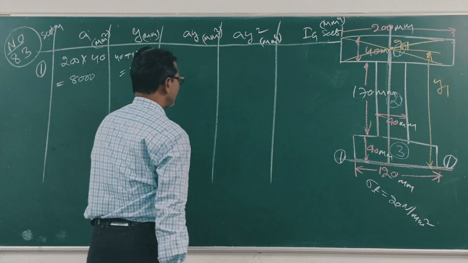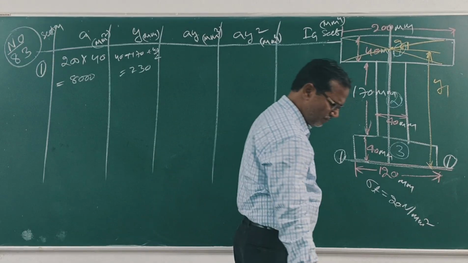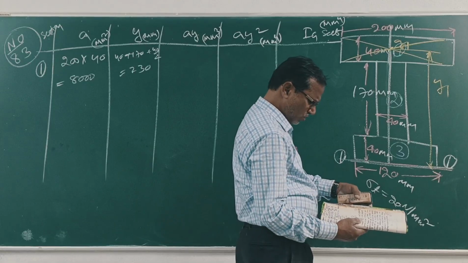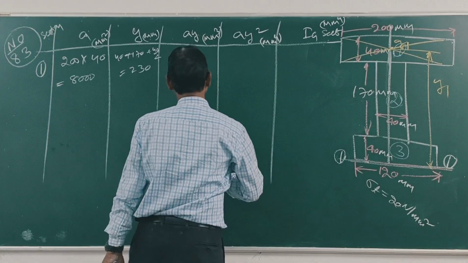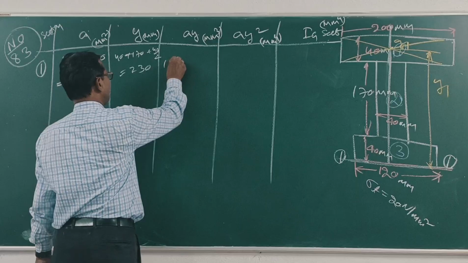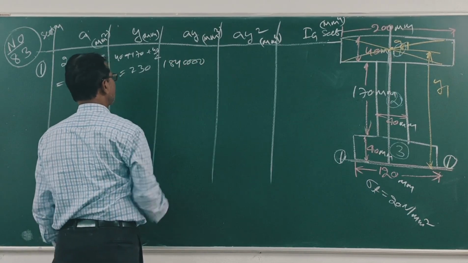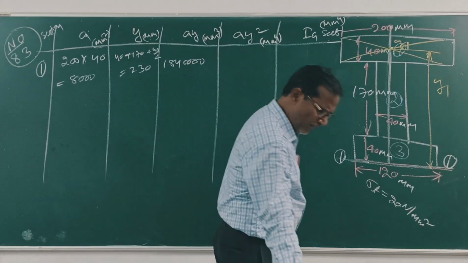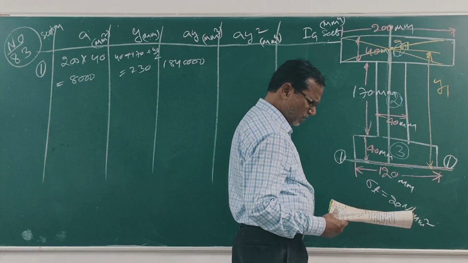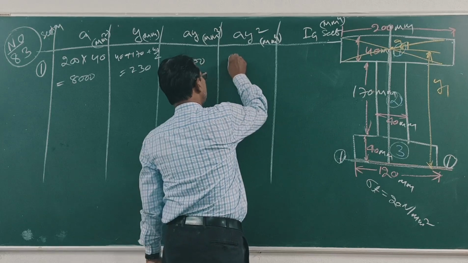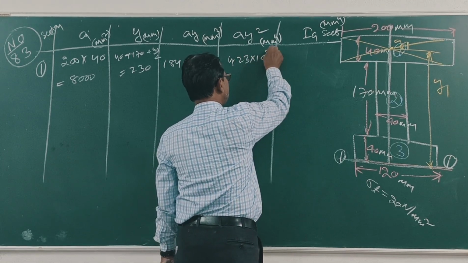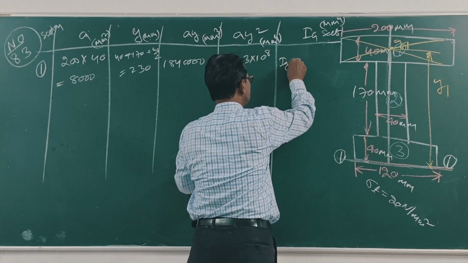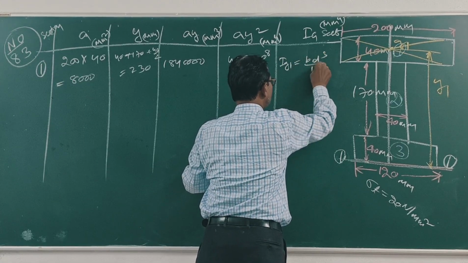Ay. What is ay? A into y, 184,000. Ay square again, multiply by 230. Clear? Ay square is 4.23 into 10 to the power 8. Ig1 is equal to bd cube by 12.